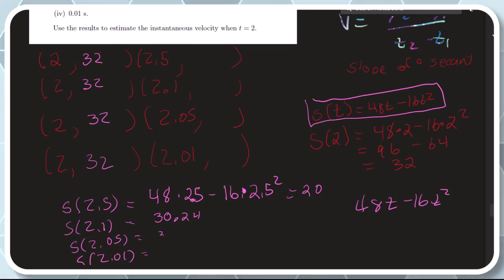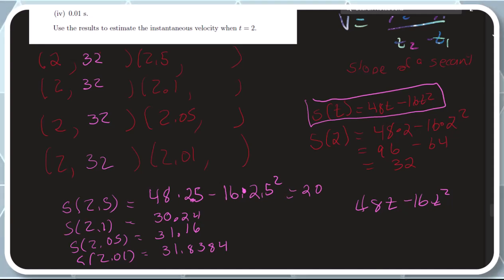31.16. And 31.8384. So all we did right there was find the y value for each of our points.